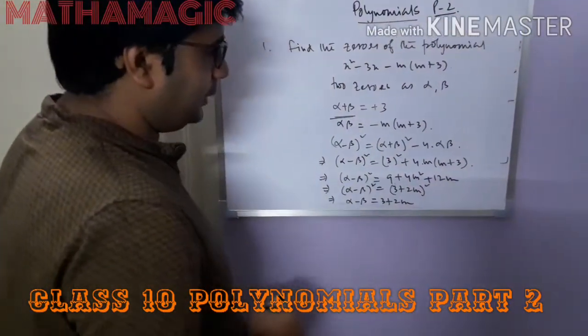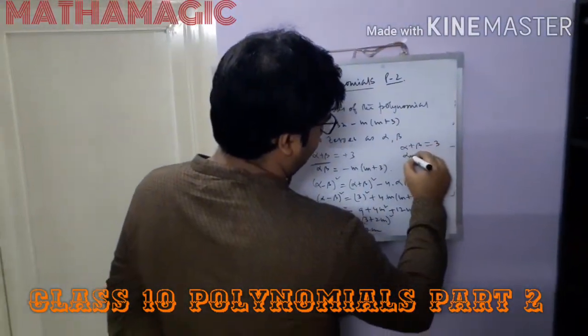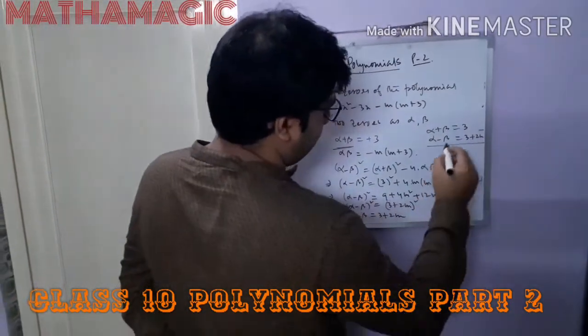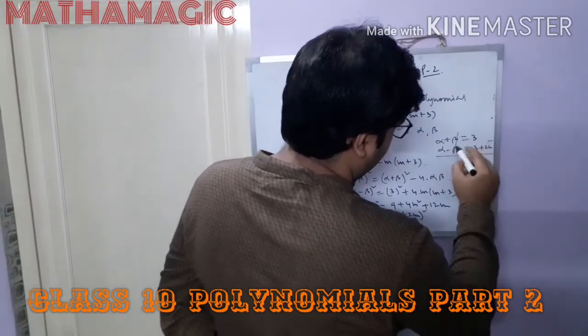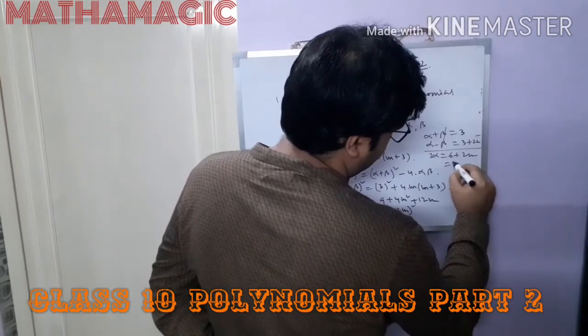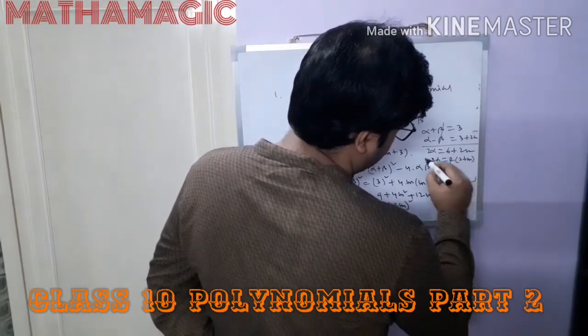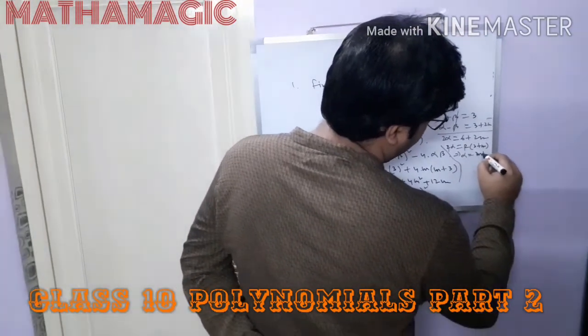Now alpha minus beta equals 3 plus 2m, and alpha plus beta equals 3. If we do the calculations, we find 2 alpha equals 6 plus 2m. If we take 2 common, 3 plus m equals 2 alpha, 2 gets cancelled. So the value of alpha will be m plus 3.